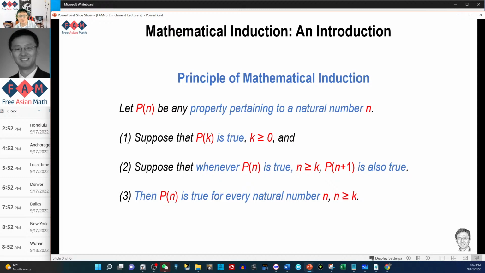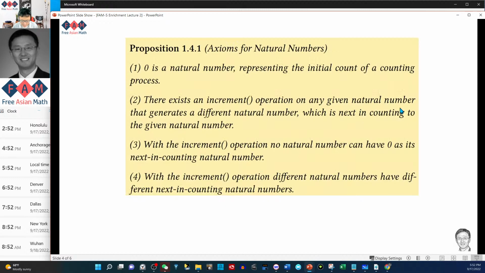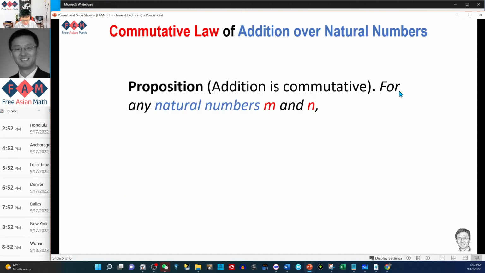And today we will actually show you one example of this. That's something called the commutative law of addition over natural numbers. We already gave you some homework to get started on this concept. This is so important, and today we are going to use mathematical induction to prove it.